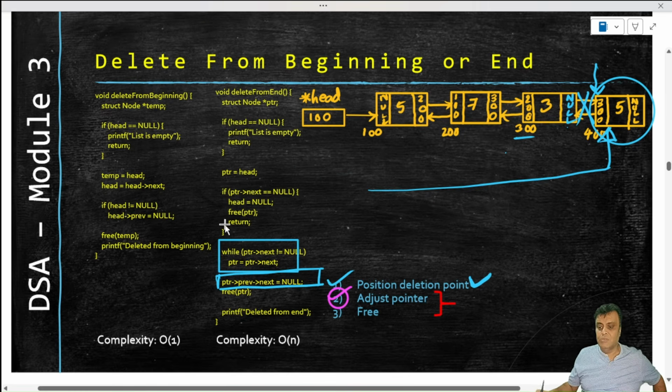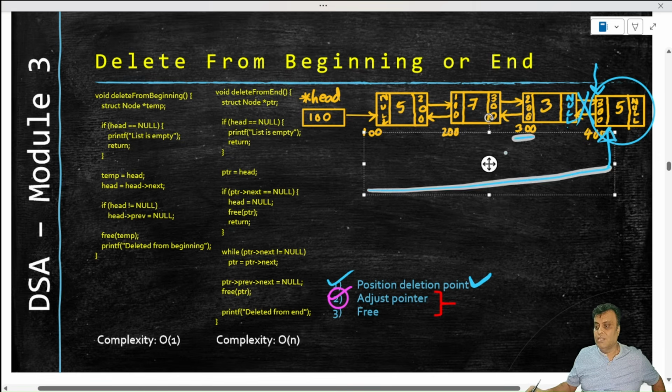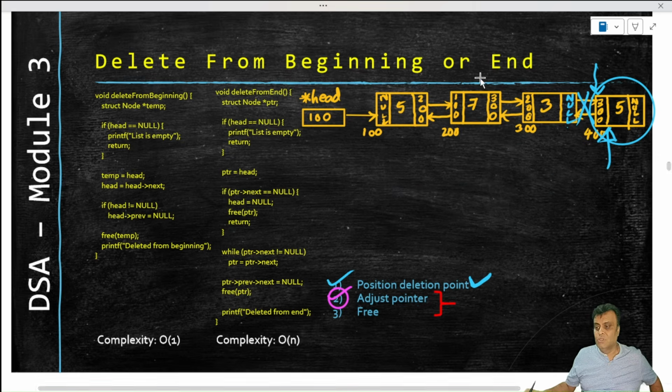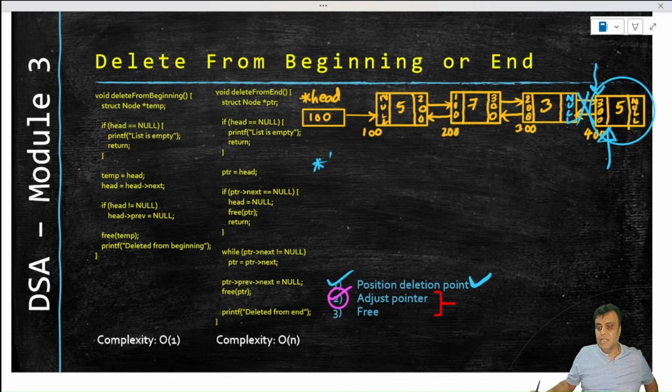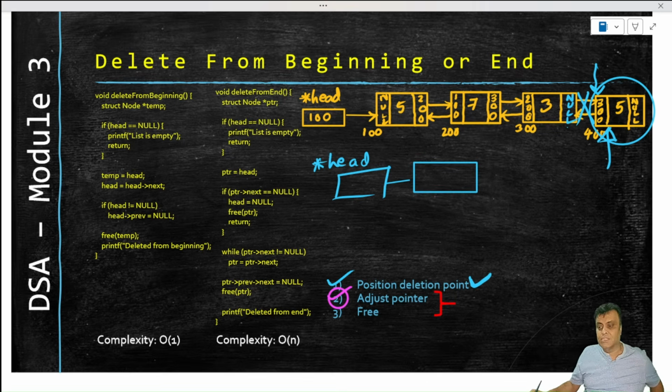But there could be a situation where the list doesn't have any element at all. In that case, what are we supposed to do? Imagine a list where the head is pointing to only one element. The second case for insertions was the empty list, where we inserted one element.